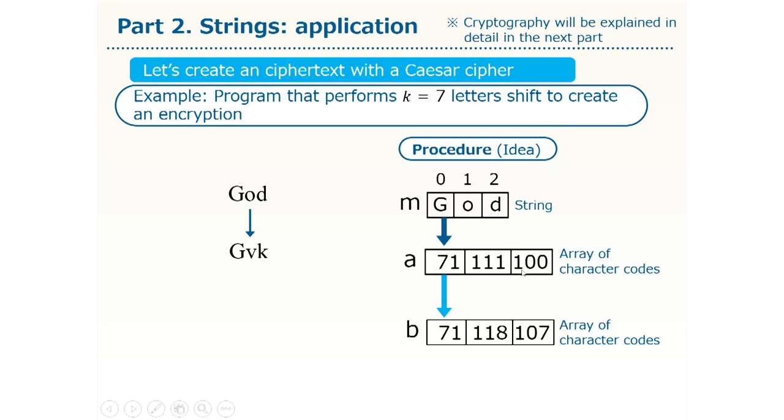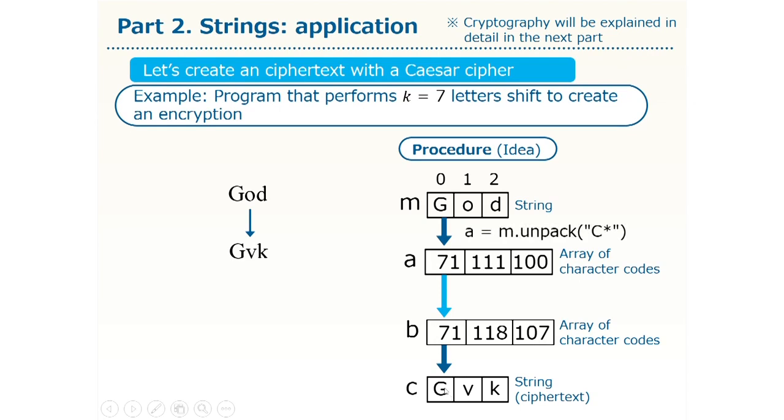And then since the code for d is 100, shifting it by 7 places, adding 7 gives us the shifted value 107. Then by turning these obtained numbers into characters again, a ciphertext is created. In terms of the program, you can use unpack to turn the character string into code.